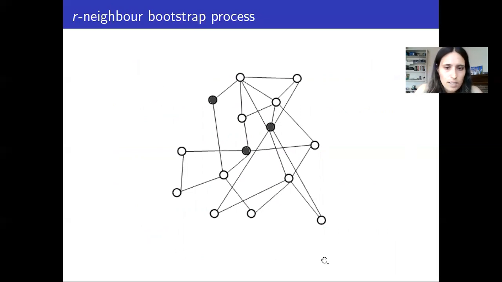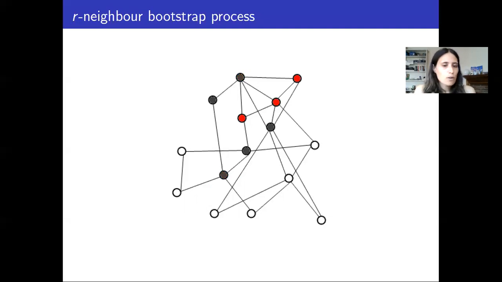So here's an example of how this process runs on some random graph. So let's say, these shaded vertices will be the infected vertices, and the unshaded vertices will be the healthy vertices. So let's say r is equal to 2. In the first time step, a vertex will become infected if it has at least 2 infected neighbors.